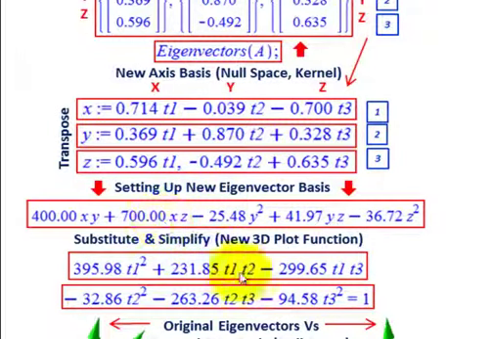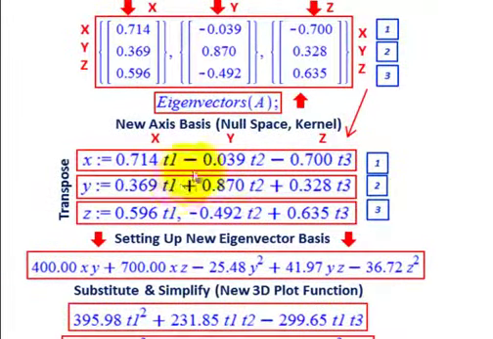And then what you're going to do here is you again make that substitution, and then you're going to have to simplify that with the computer. Computer software, in this case MapleSoft I'm using. And you're going to come up with some new equation here, 395.98 t1 squared, and then so forth, plus 231.85 here, t1 times t2, and then on and so forth here. That's all equal to 1 here.